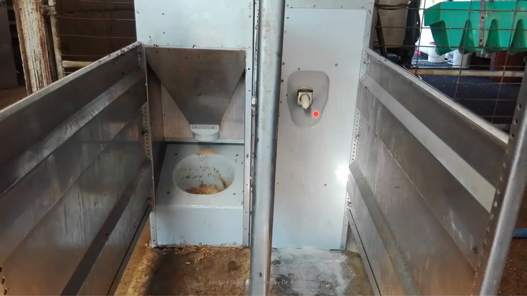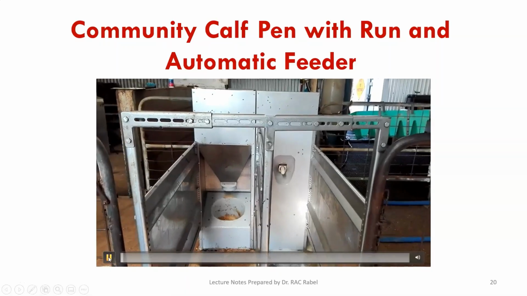So the calf will nibble at the nipple for a few minutes, no milk, so the calf will go back. Whereas another calf comes that has only drunk, let's say, 50% of its daily quota, so the machine will automatically dispense milk. So those are automatic calf feeders.